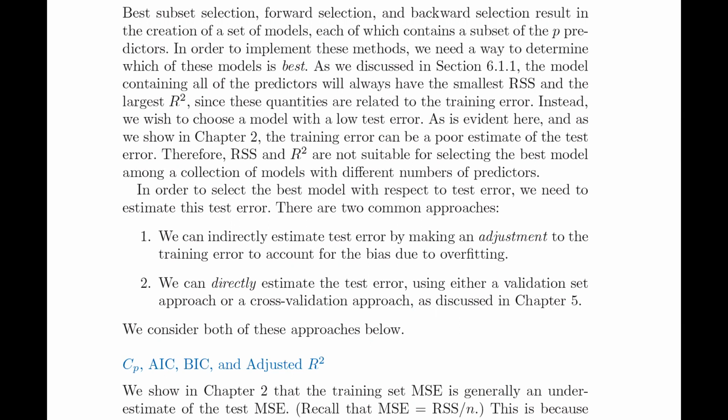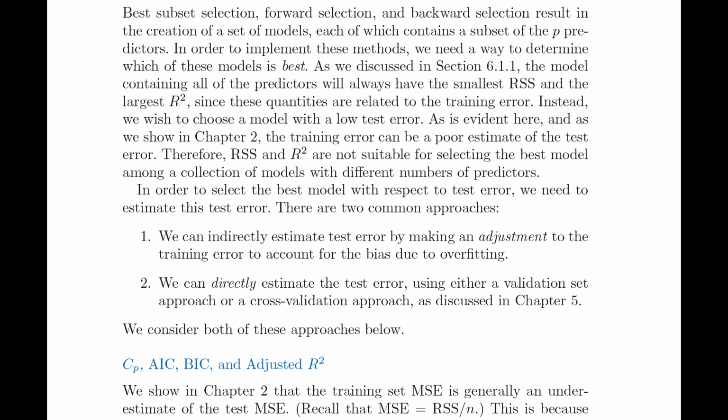In order to implement these methods, we need a way to determine which of these models is best. As we discussed in section 6.1.1, the model containing all of the predictors will always have the smallest RSS and the largest R squared, since these quantities are related to the training error. Instead, we wish to choose a model with a low test error.